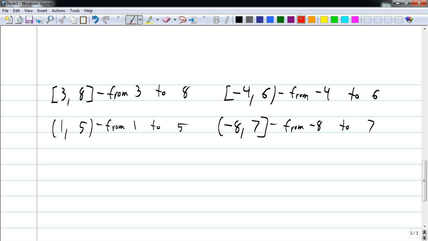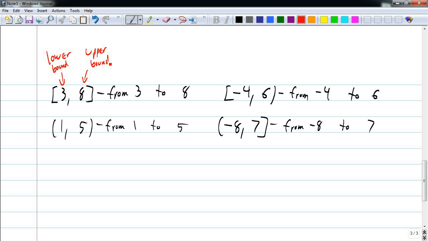The number on the left is our low number, or our lower bound, and the number on the right is our high number, or our upper bound.